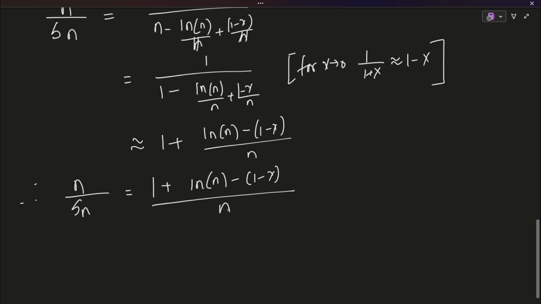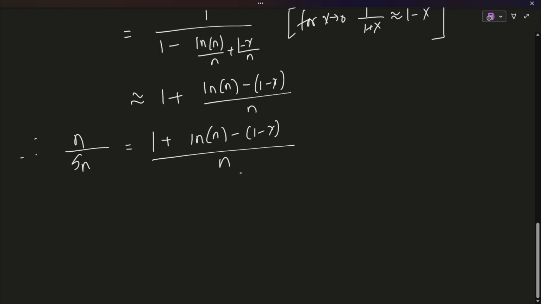Now comes the part where we want to find out (n by Sn) whole to the power n. Now that is going to be a challenge, because usually what happens is this. This resembles the form, when n tends to infinity, we usually have 1 plus xn by n, whole to the power n.